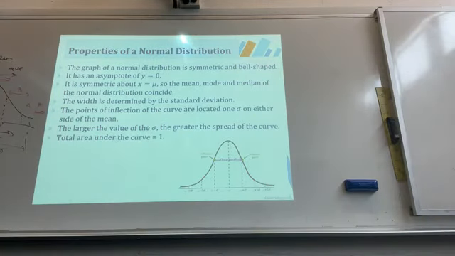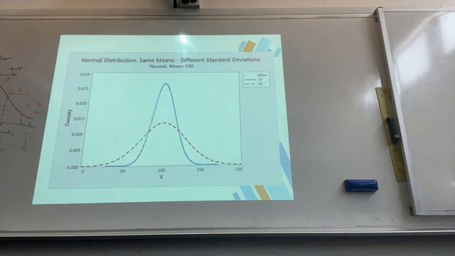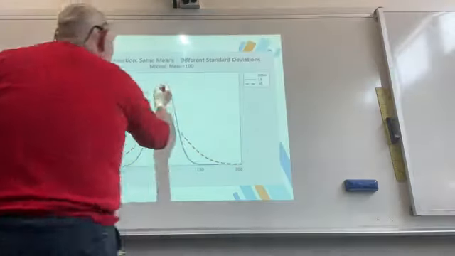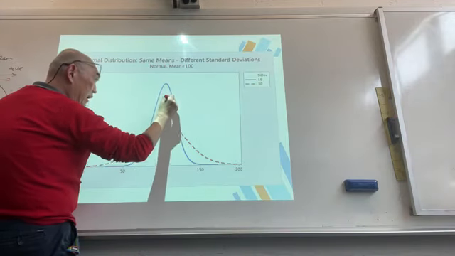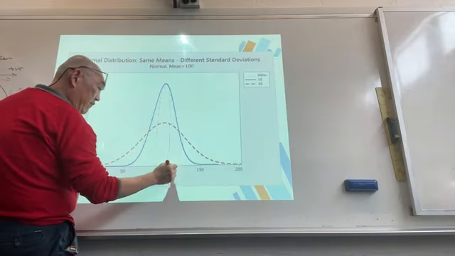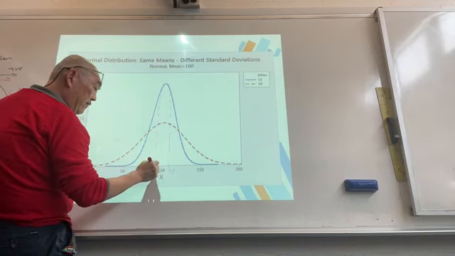So let's have a look at the curve by itself. In this case, for both of them, the mean is 100. The standard deviation for the blue line is 15. So you can see that one standard deviation will be somewhere here for the blue line. This is 115, this is 85.